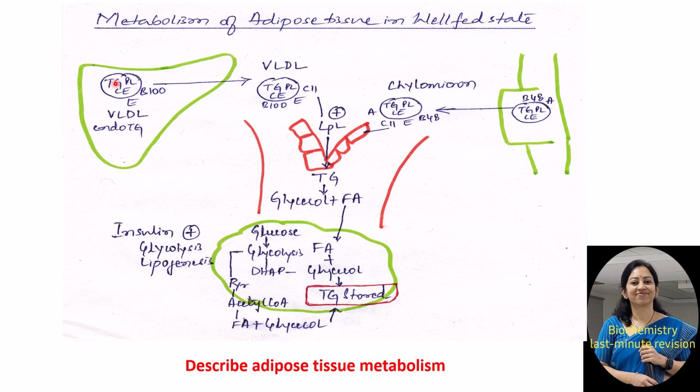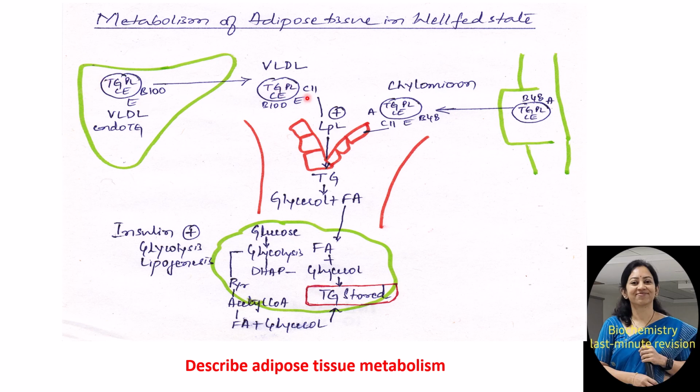These triglycerides are packed along with cholesterol esters into very low density lipoprotein, and these are the endogenous triglycerides. This VLDL has ApoE and ApoB100 as apolipoproteins, which are carrier proteins. So chylomicrons carry the exogenous triglycerides, and VLDL carries the endogenous triglycerides.